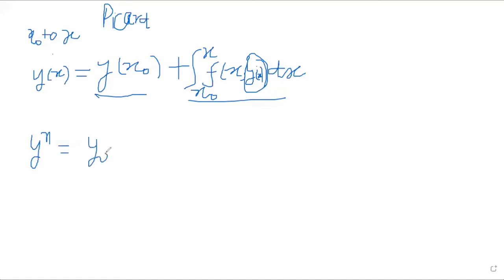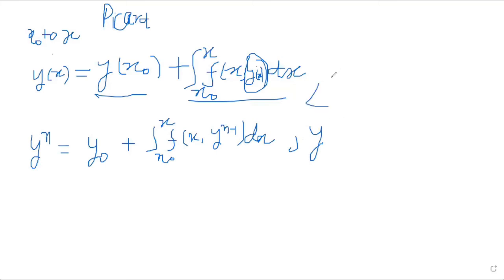So how will we generate a recurrence relation here? So we keep the unknown at the nth place. Am I right? y n is equal to y naught plus the integral from x naught to x of f(x, y n minus 1) dx, where the y sitting inside is y at n minus 1. And also, as I told you, we also require the first term of the sequence.